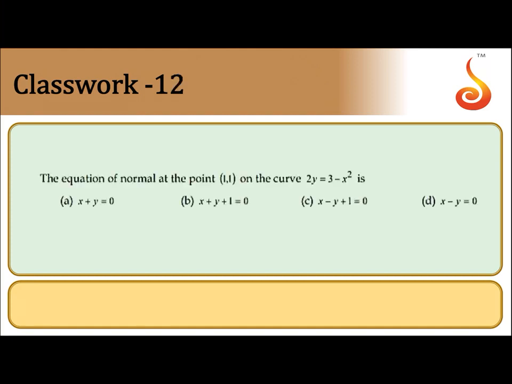Coming to next one. So the equation of normal at point 1, 1 to the curve 2y is equal to 3 minus x square. Clear? So 2 times y dash equals minus 2x.